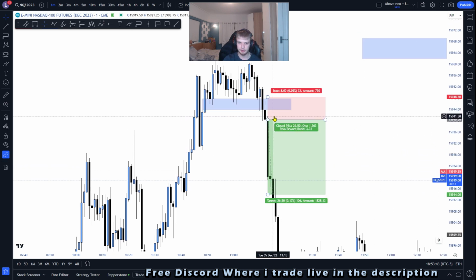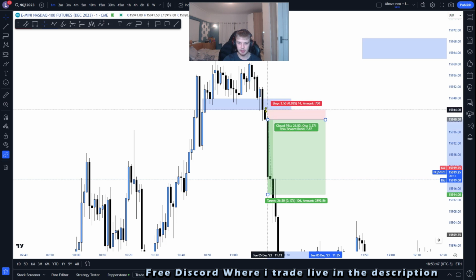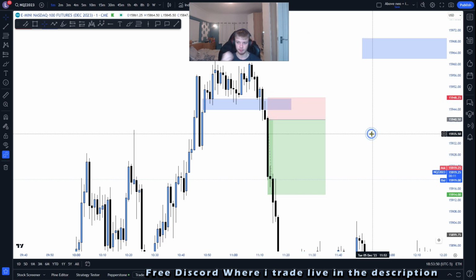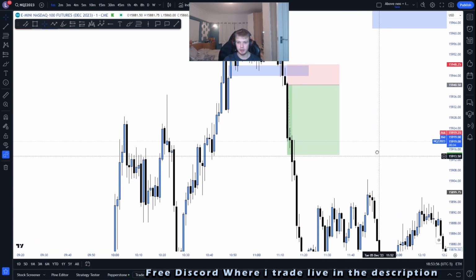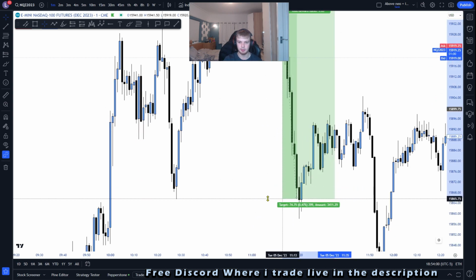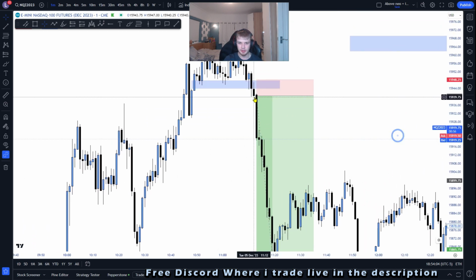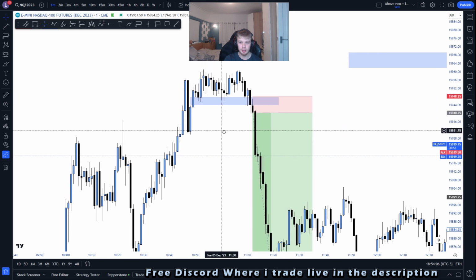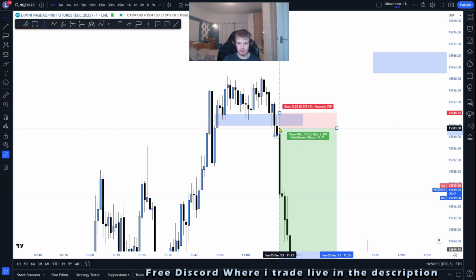And honestly, for the sake of 3.5 points, I will risk a 3.5 point entry to then not getting tagged in at all and missing a 70-point move. So that is the reason why I enter on the candle close below the fair value gap, and why I don't wait for a retest of the fair value gap.